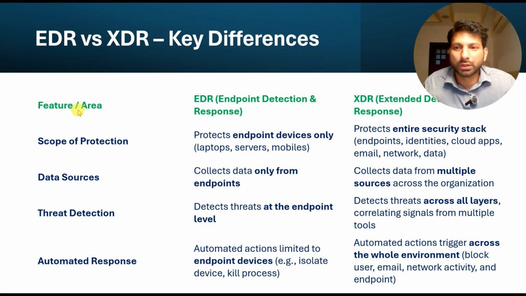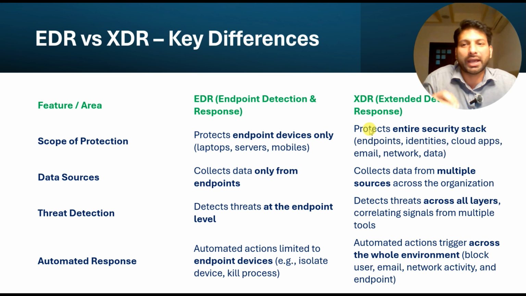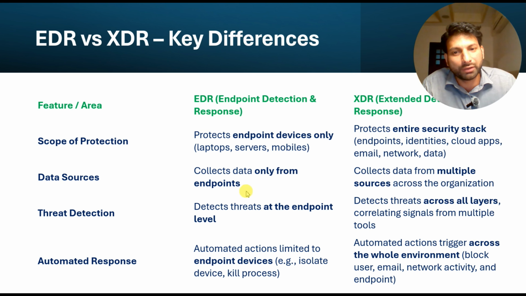Now let us compare EDR and XDR. Scope of protection: EDR protects endpoint devices only, like your laptops, servers, and mobiles. But XDR protects the entire security stack: endpoints, identities, cloud apps, email, and network. For data source, EDR collects data only from endpoints, but XDR collects data from multiple sources across the organization, not just endpoint devices.